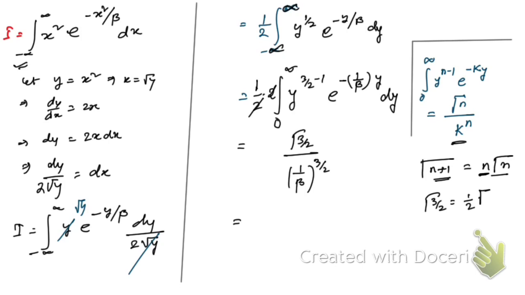And the value of gamma half is root over pi. You must remember this value, root pi, not only pi. Then 1 by beta to the power 3 by 2 in the denominator gives beta to the power 3 by 2, and the value becomes half root pi. That's how we have got the value of this integral.